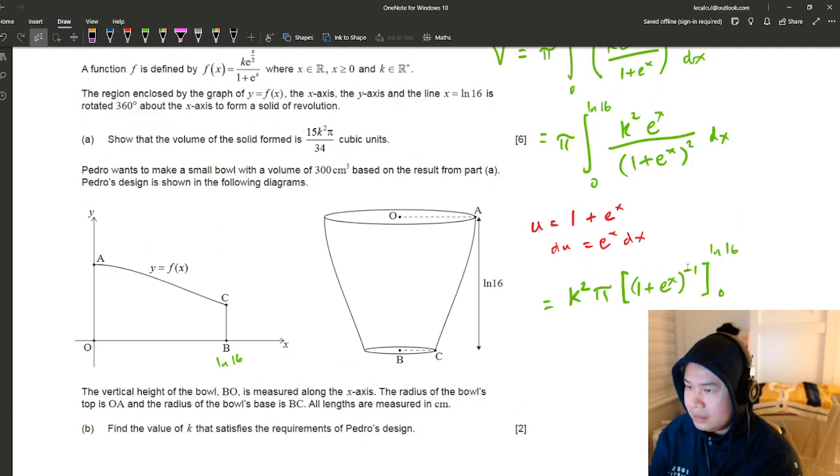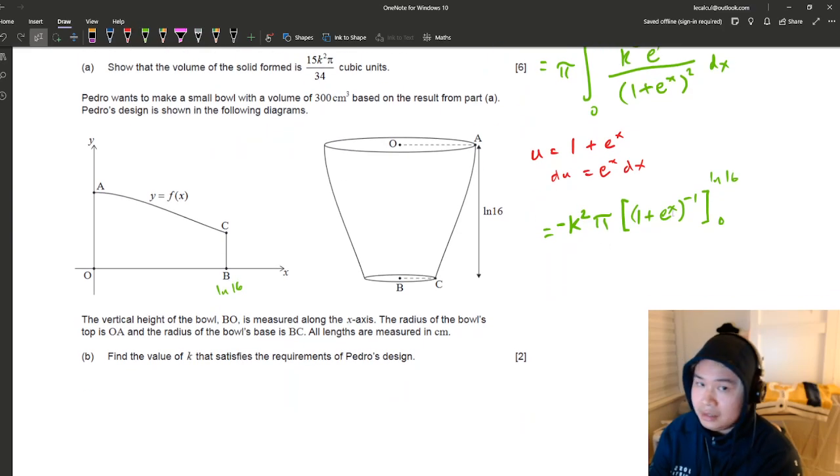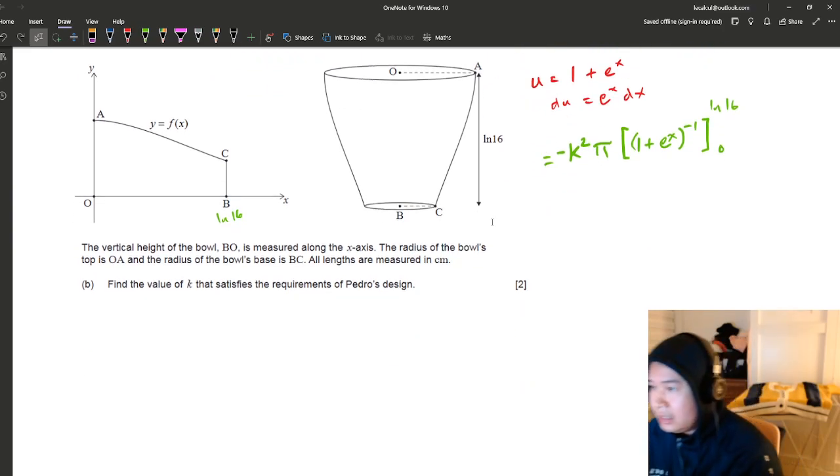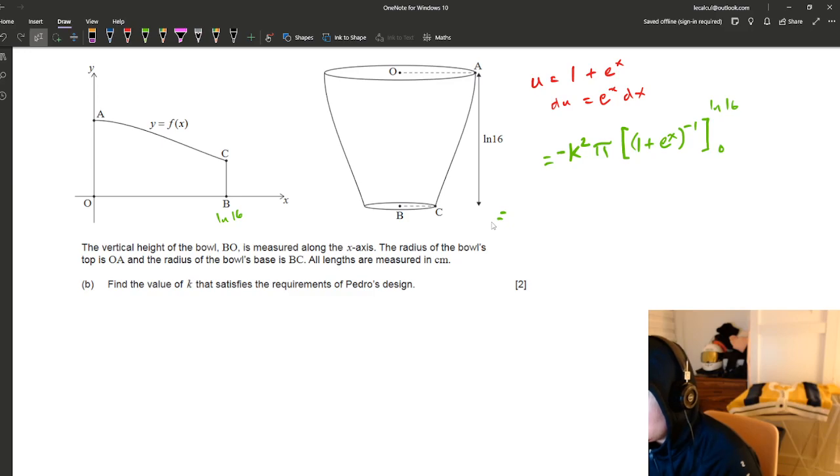Yeah. I think there's a negative here. Right? Negative 1, bring it down, take away 1, you get the squared, chain rule, you get e to the x, which goes here. Yeah, here you go. So here's the integral, and then we're going to use fundamental theorem of calculus.